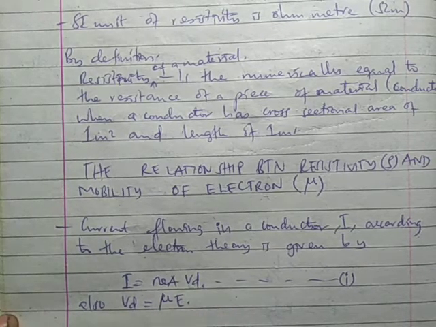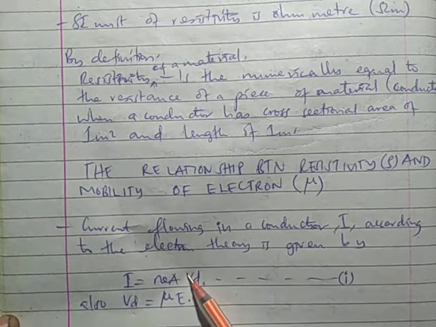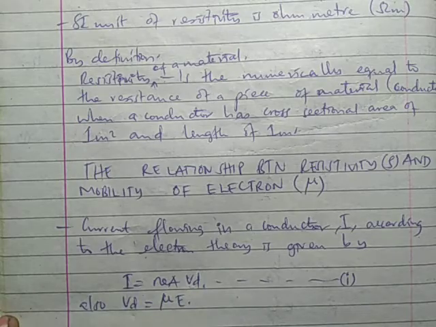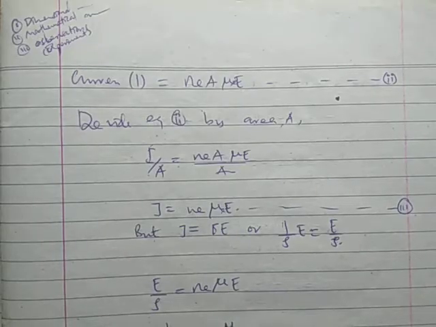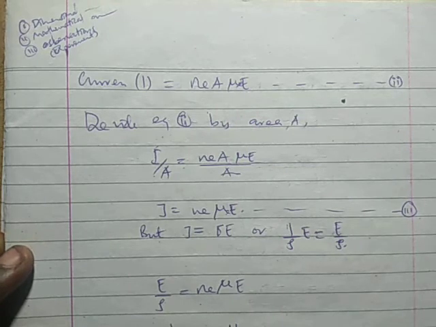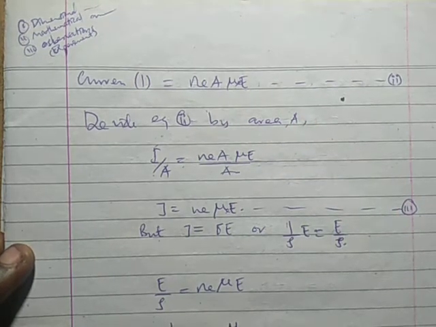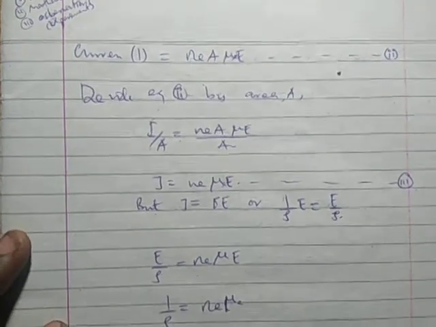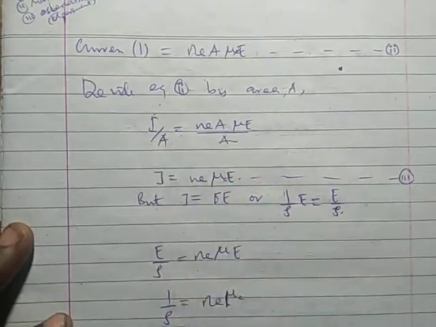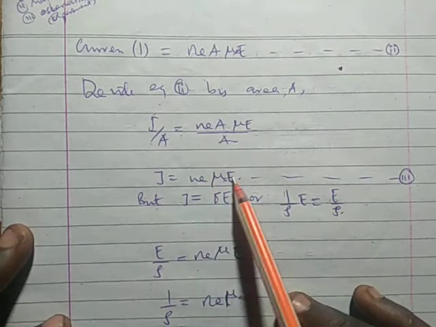Substituting this here, you will get current I is equal to n e A mu E. Then if you divide this equation by the area, you get current divided by area, which is current density J, equal to n e mu E.